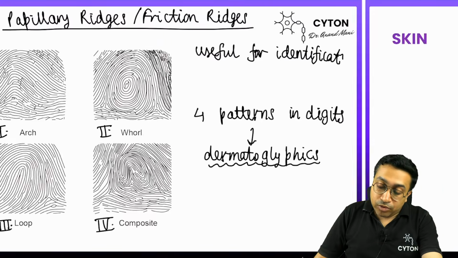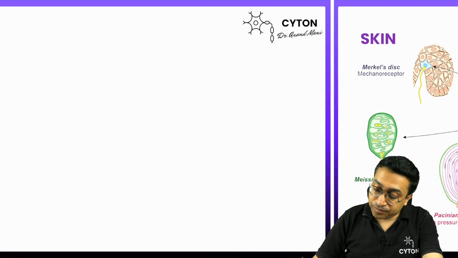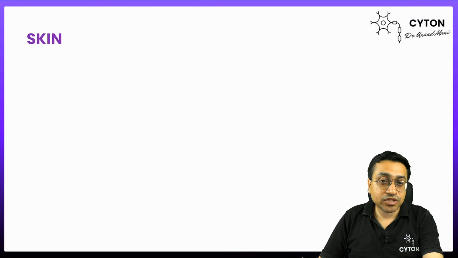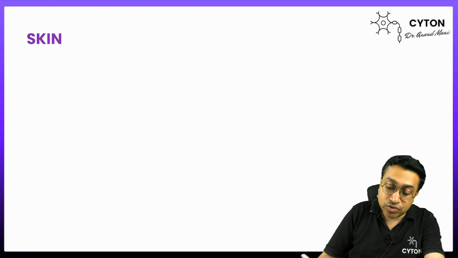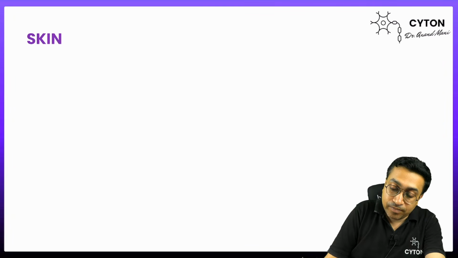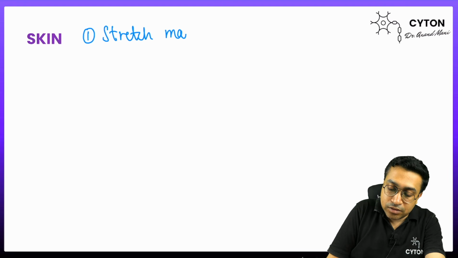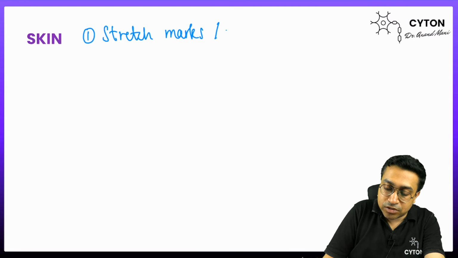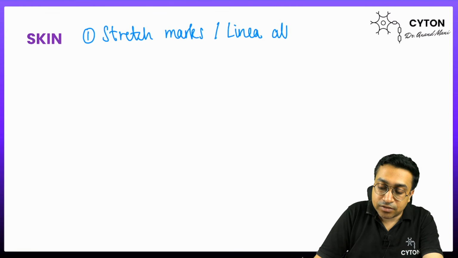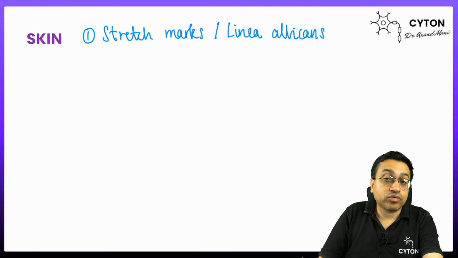Then we come on to the clinical integration, that is stretch marks or linea albicans. It appears due to overstretching of the dermis.